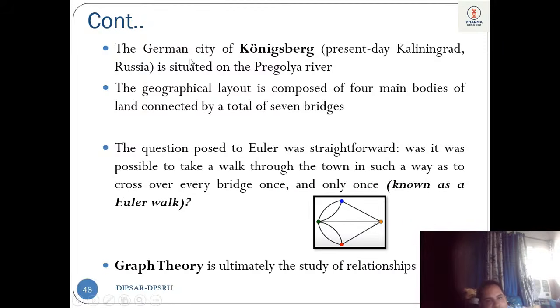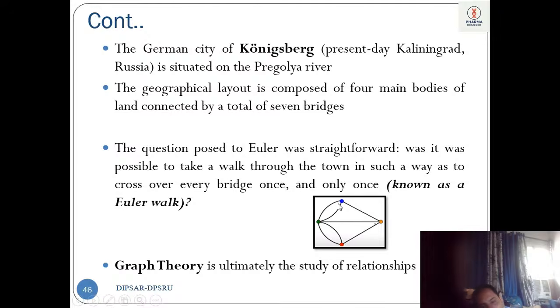As I said, the German city of Königsberg is situated on the Pregolya River, and the geographical layout is composed of four main bodies of land connected by a total of seven bridges, right? The question posed to the mathematician Euler was: was it possible to take a walk through the town in such a way as to cross over every bridge once and only once?